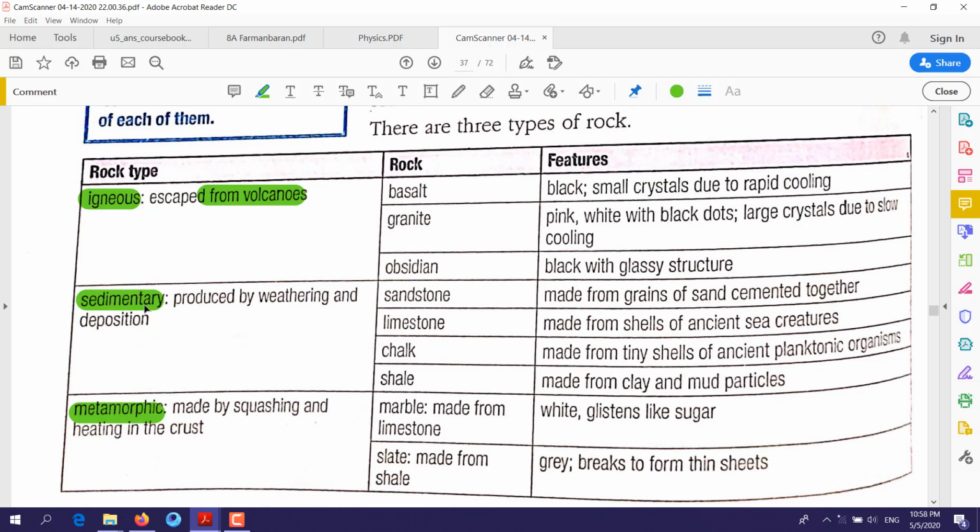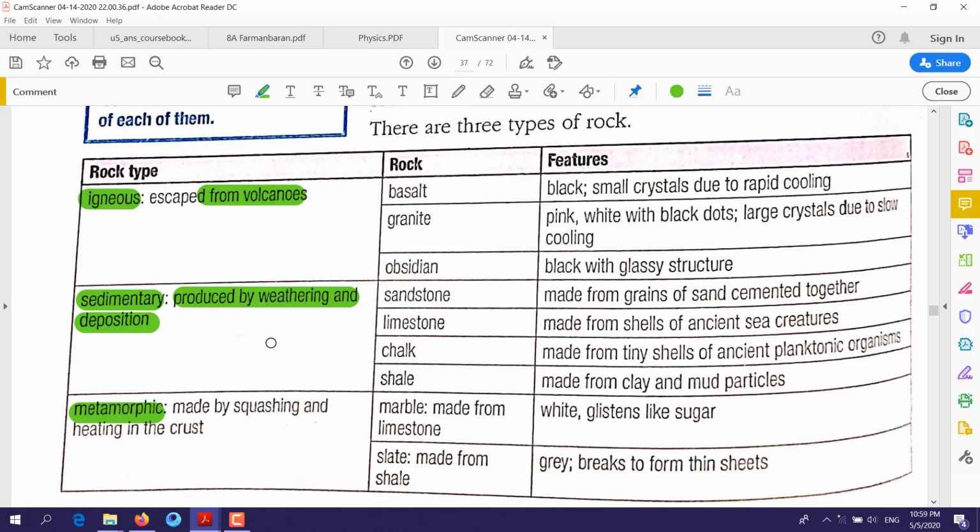Sedimentary rocks form from sediment. What do we mean by sediment? Sediment is the small parts of rocks, when a rock breaks down into smaller pieces. So sedimentary rocks are produced by weathering and deposition.